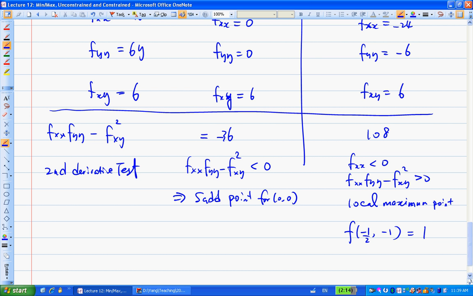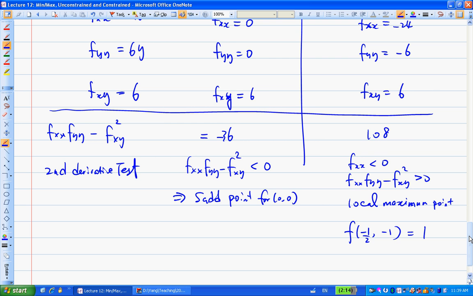So the local maximum value at (-1, -1/2) is 1. So it's actually not very tricky in terms of the calculation. You just follow the steps, compare to the theory, and pinpoint which kind of point it is. Okay, any questions?